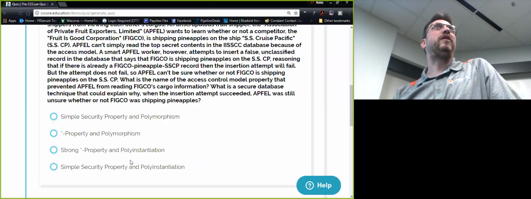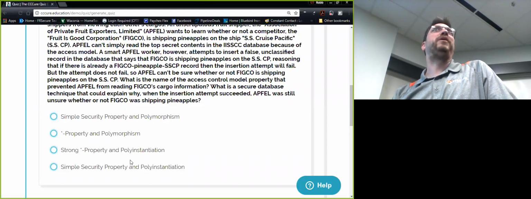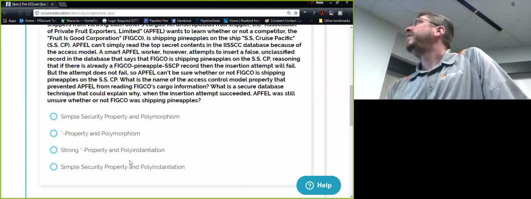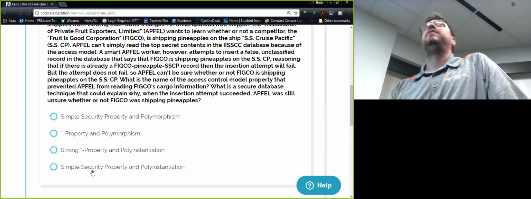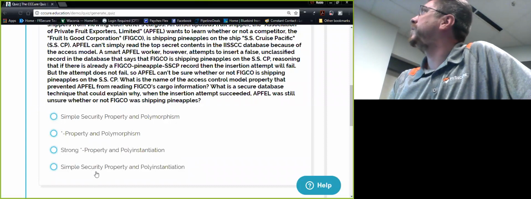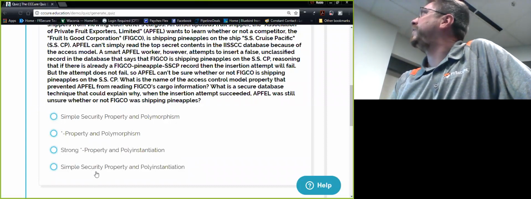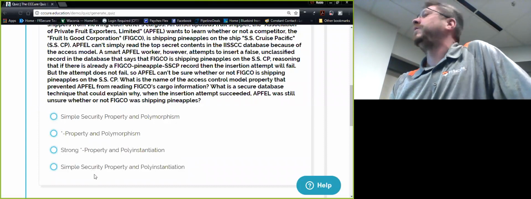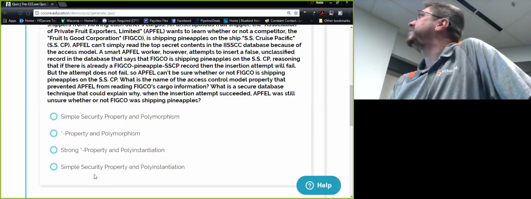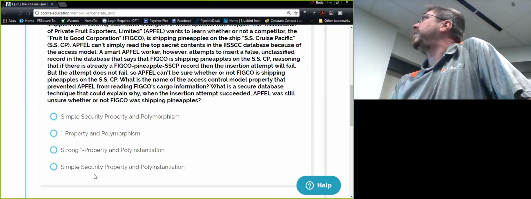Because you have multiple of the same, but you want to keep them separated. This is security, when the insertion attempt exceeded.